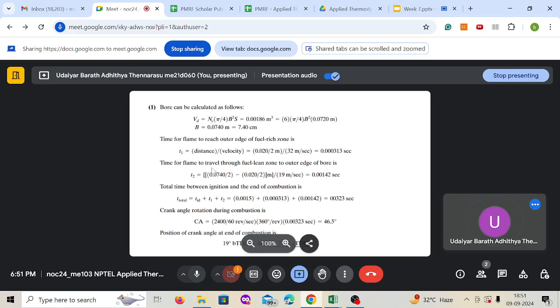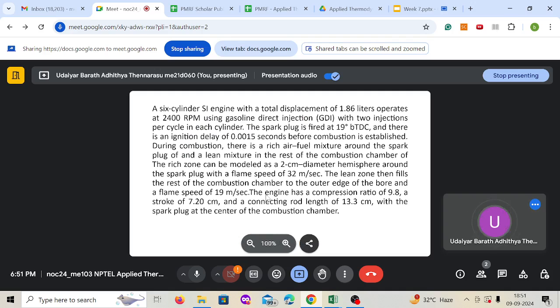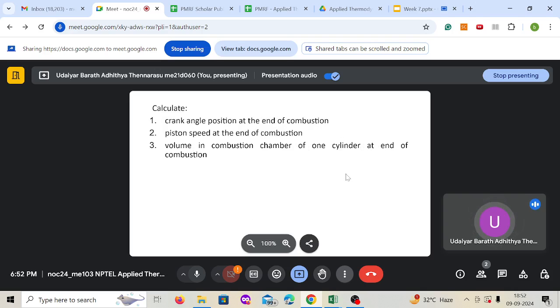Now to find the time to travel in the lean zone. The spark plug is at the center, so there is no offset here.